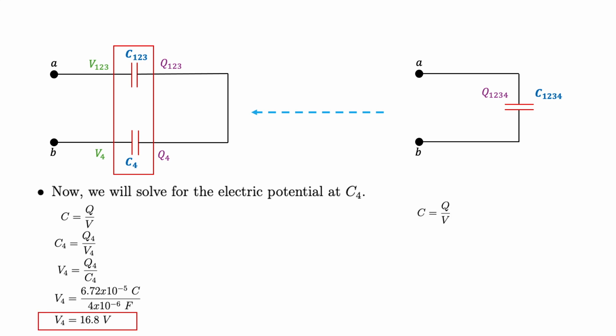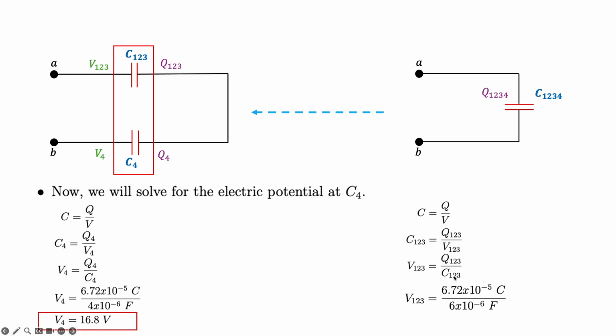Now for the potential at capacitor 1, 2, 3, that will be Q over V, still the same definition. We're working with the definition here. So the voltage V123, referring to this capacitor 123 over here, will simply be the charge at 123 divided by the capacitance at 123.